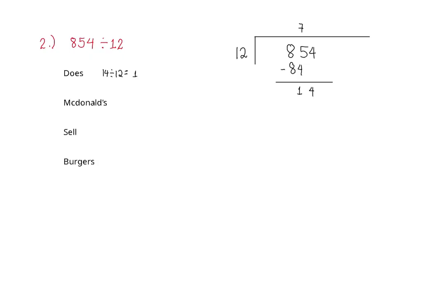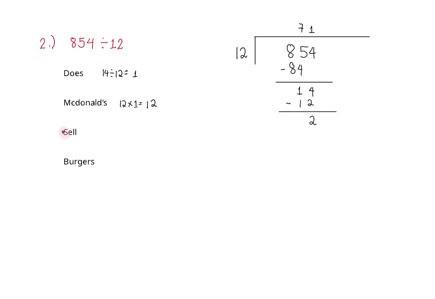Write the 1 next to the 7 above the division bar. Multiply 12 by 1. The product is 12. Now subtract 12 from 14, which gives us 2.